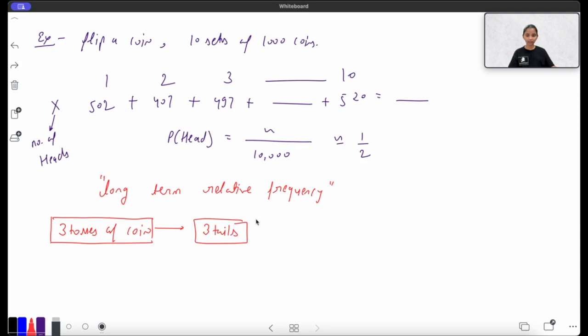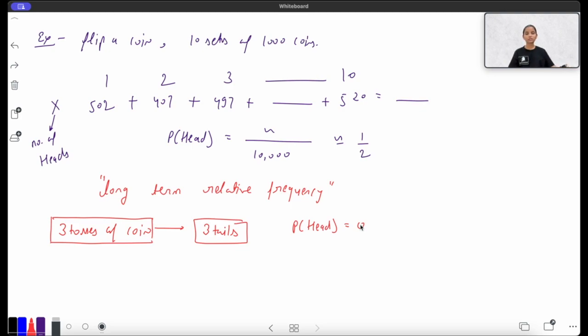And if I ask you in this scenario, what is the probability of head? You would simply say, there is no reason to ask, because the probability of head is going to be 0. Right? You're right. The probability of head is going to be 0.